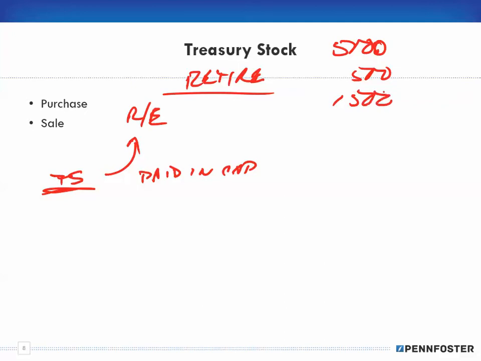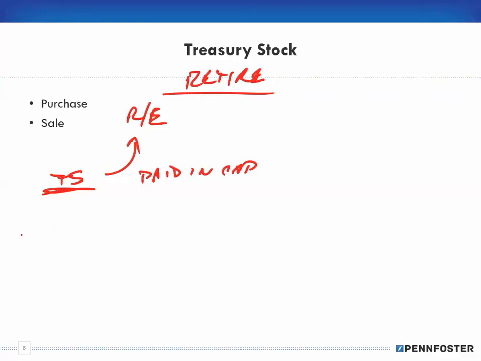Now they're retiring 1,500. They're using different numbers, and I can understand why they're doing that, because you do have to realize that you're not talking about cookie cutter here. But in our examples, as we were going through, it was 5,000, then 500, now it's 1,500. So they're taking this 1,500 and they're saying, okay, we're going to buy this treasury stock and we're retiring it at the same time. Whereas I think they should have just said, okay, let's just retire 1,500.